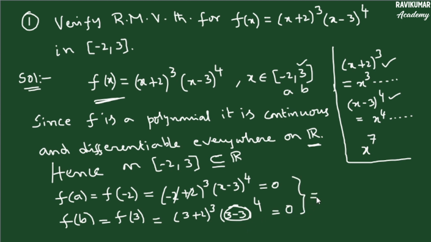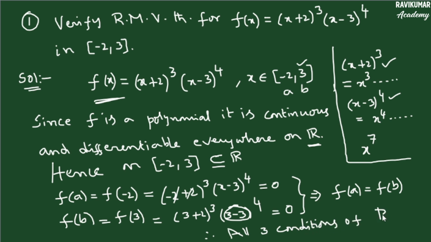So, from these two, we have f of a equal to f of b. Therefore, all three conditions of Rolle's mean value theorem are satisfied.